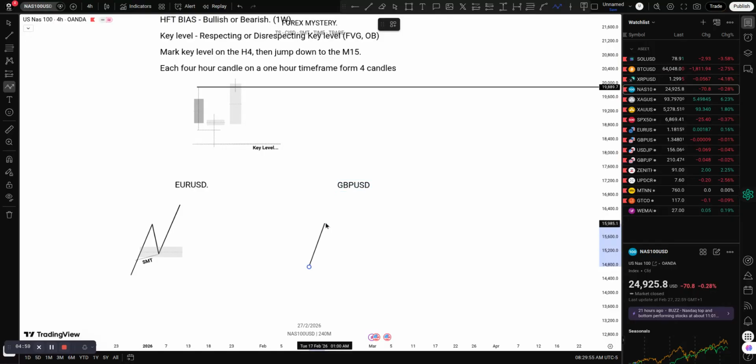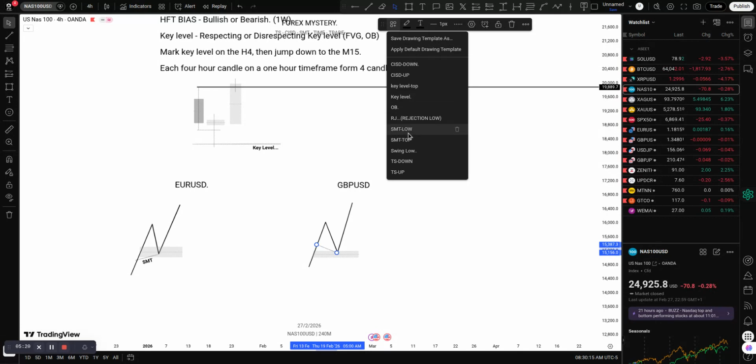We are still also looking for buys because it's also a pairing of pairs, and still the same key level. But this time around it is different. The SMT is just like this. This is how the SMT is.